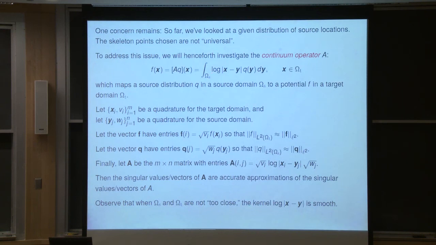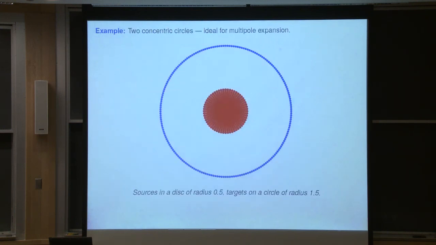In this case, we do it for any source distribution Q inside the source box. We're going to map this to potentials at the target region, which is now just the boundary of the larger box. And I'm going to compress that. And now I'm arguing I can do a fair comparison with a fast multipole expansion, just to see how we're doing in terms of optimality.